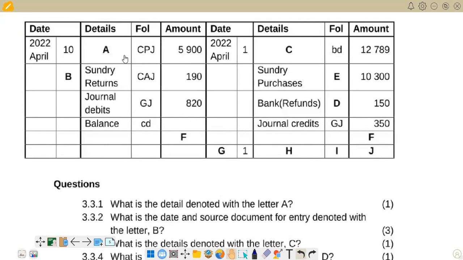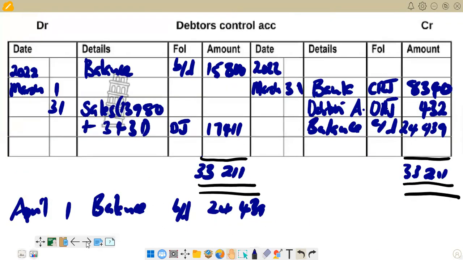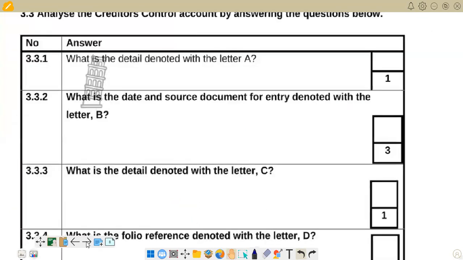So bank can simply be the description of A. So for the first part, we put our bank there. So A is representing our bank.